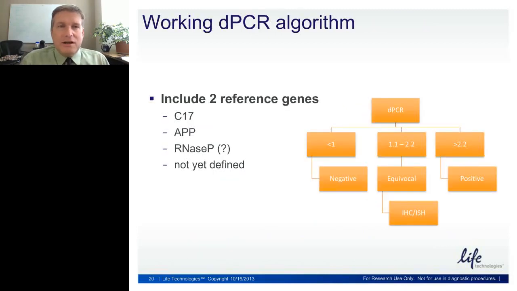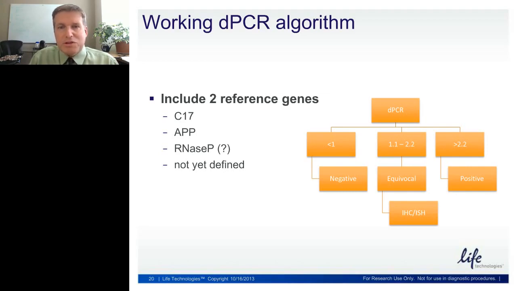So he suggests this is a working digital PCR workflow. Start off with digital PCR. Identify a ratio of HER2 to some reference gene. I'll have more to say about that in a second. If the ratio is less than 1, these score negative, and the samples can be moved on. If the ratio is greater than 2.2, then you can move on.